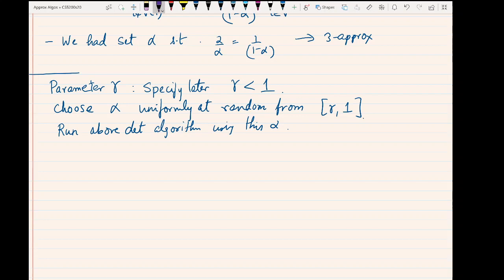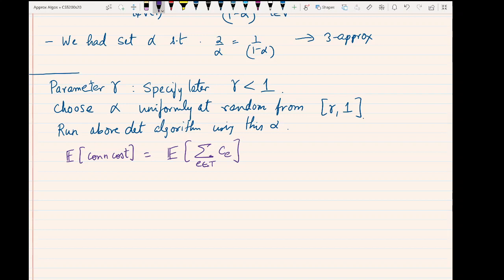So let's look at the connection cost first. So what is the expected value? The connection cost is nothing but the expected value of summation of the cost of the edges that are included in the tree. Okay.